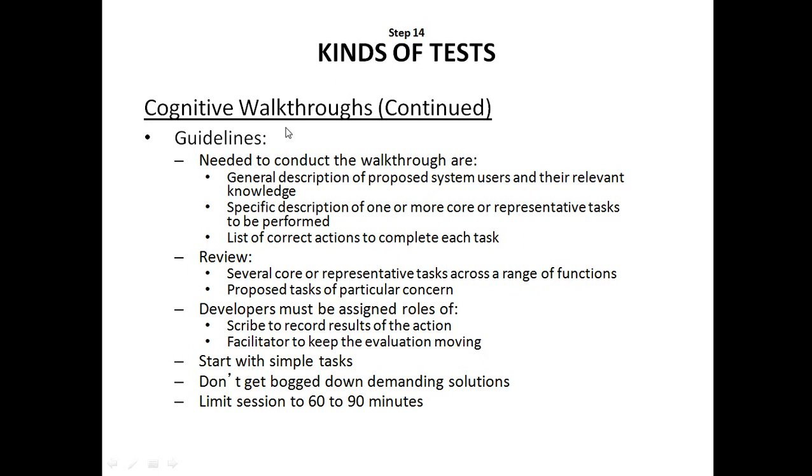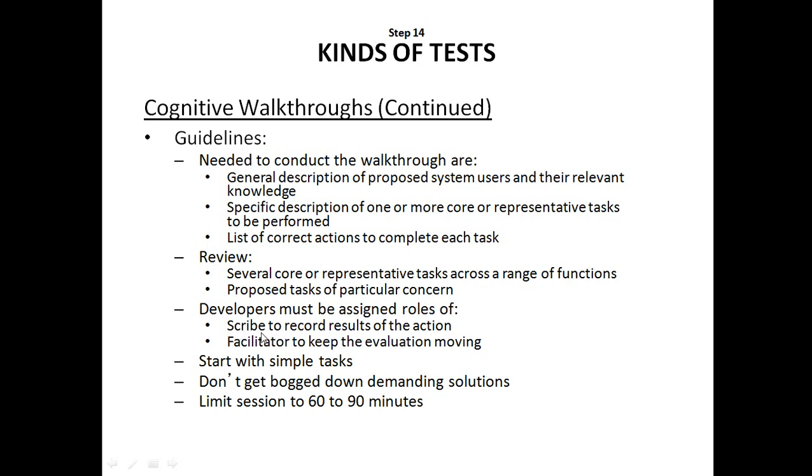This cognitive walkthrough should and must review several core or representative tasks across a range of functions, as well as proposed tasks of particular concern to the developers. We need to assign certain roles for these developers.